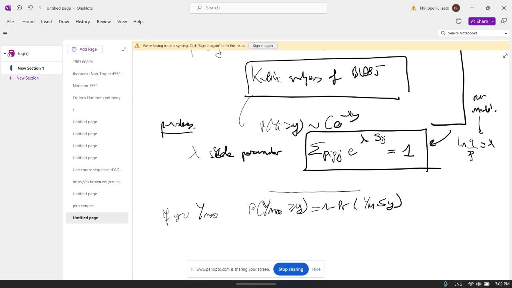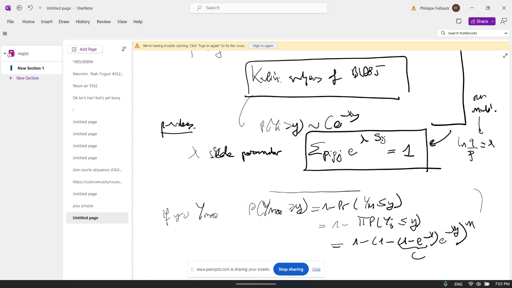And if we assume, which is not quite true, that these are independent, then it would be 1 minus the product of the probabilities that the excursion Yi is less than y. In our model, this is 1 minus (1 minus C e to the minus lambda y) to the power m, where we have m excursions.